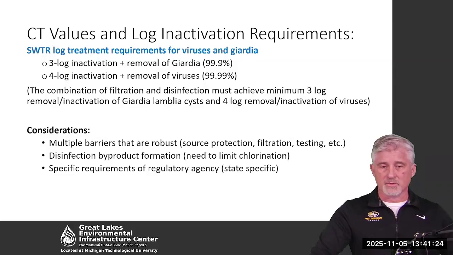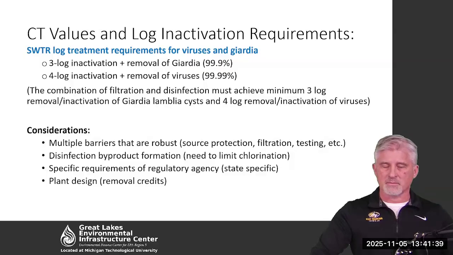We need to meet all the specific requirements. It could be that the state has state-specific requirements that are above and beyond what are in the surface water treatment rule. And then we need to keep in mind that the design of our plant can affect how many credits we get for removal.